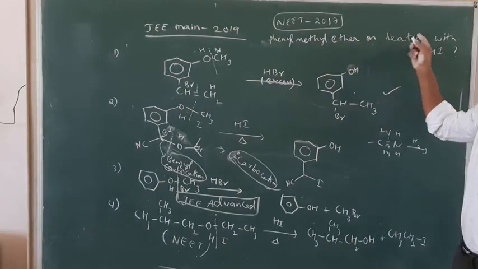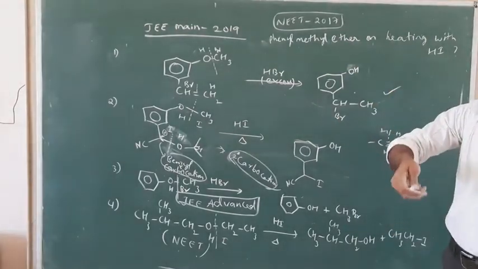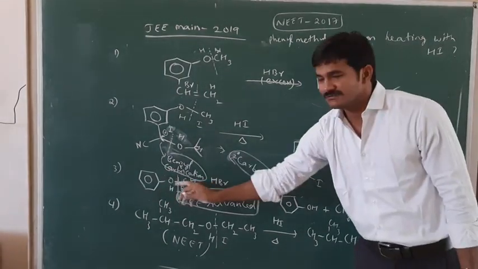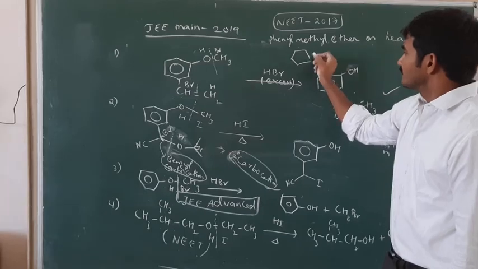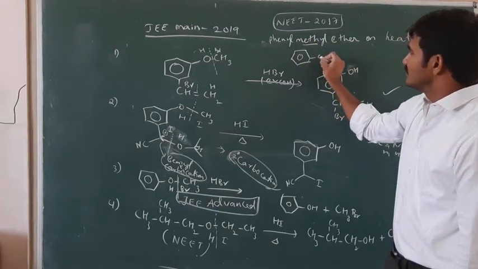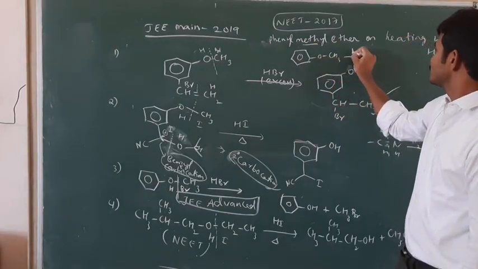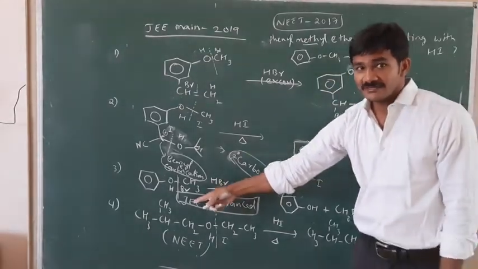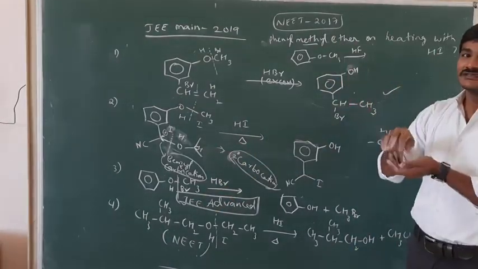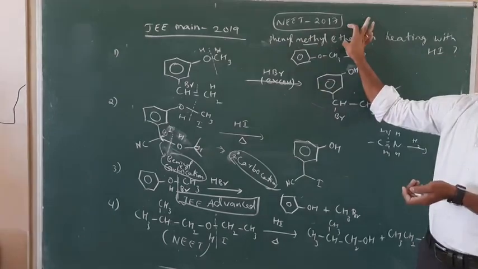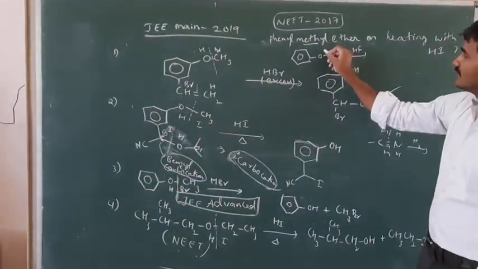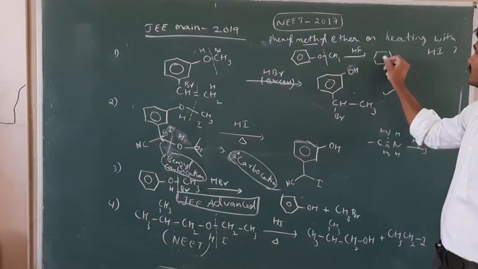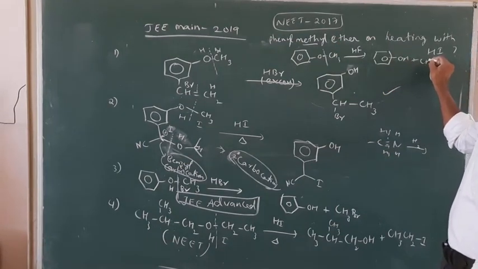Phenyl methyl ether means the same as anisole. In NEET 2017 they did not give the structure directly, they mentioned the name. So we break the bond here and write the product as phenol, OH, plus CH3I.